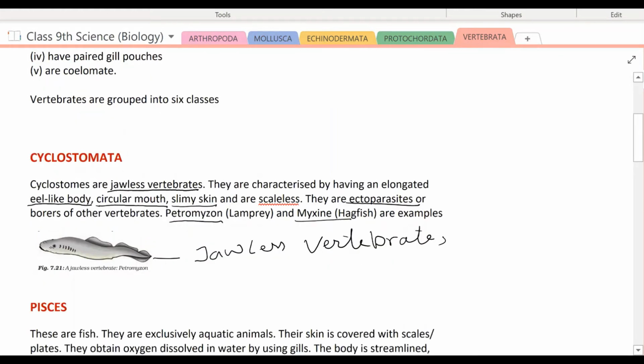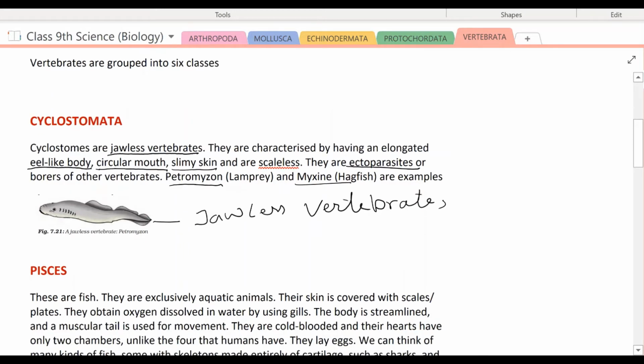Then next is Pisces. Pisces are basically fish. All fishes come in Pisces. This class is aquatic.